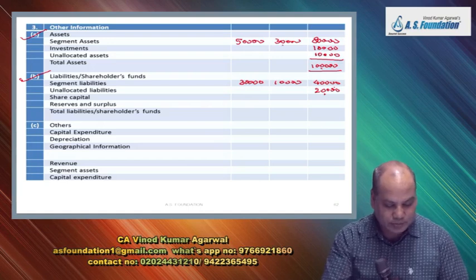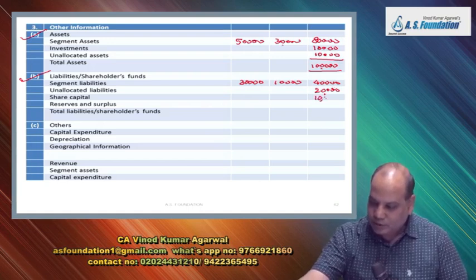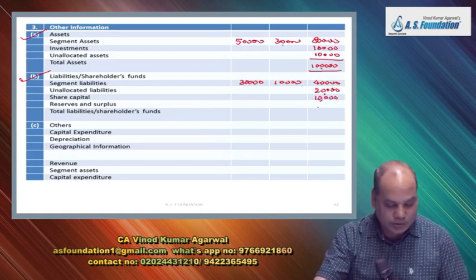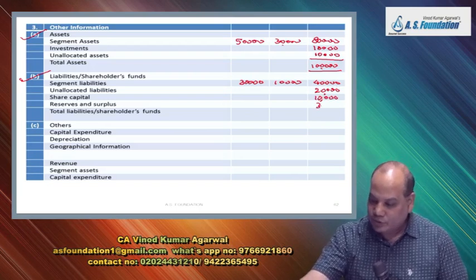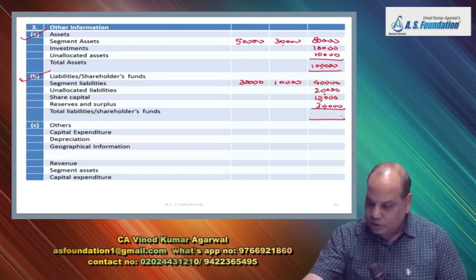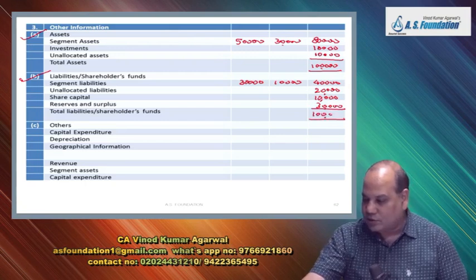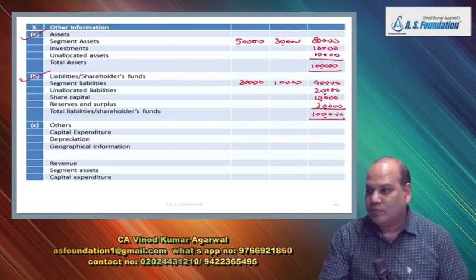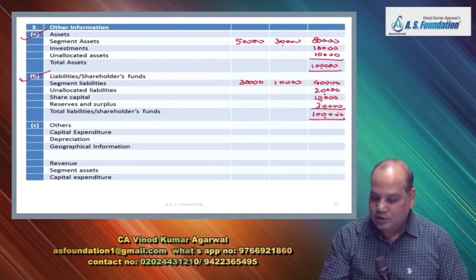Share capital 10,000, then reserve and surplus. So this will match with your liability side, 1 lakh. So reconciliation is also done simultaneously: profit with profit, income with income, asset with asset, liabilities with liabilities.